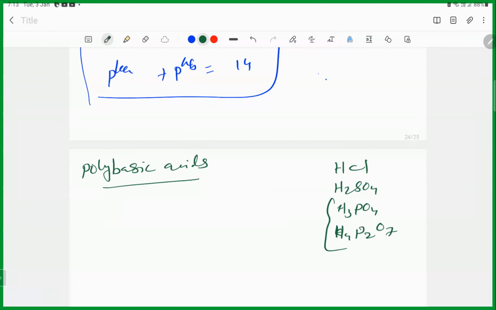So this type of acid undergoes ionization in as many steps as the number of protons it has; that many steps it will take to complete the ionization. If you take orthophosphoric acid, orthophosphoric is nothing but H3PO4.